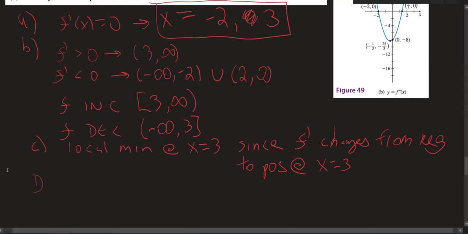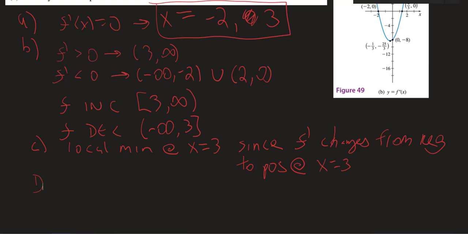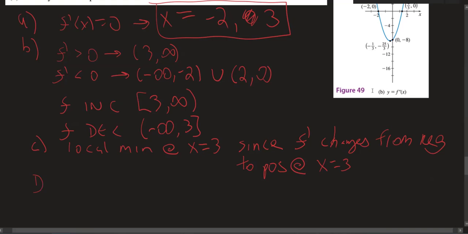So part D: now we want to know where f is concave up and where f is concave down. So we're going to use the test for concavity and the graph of the second derivative. Because f double prime is positive on negative infinity to negative 2, so right here, and 4/3 to infinity, we know that the function is concave up.